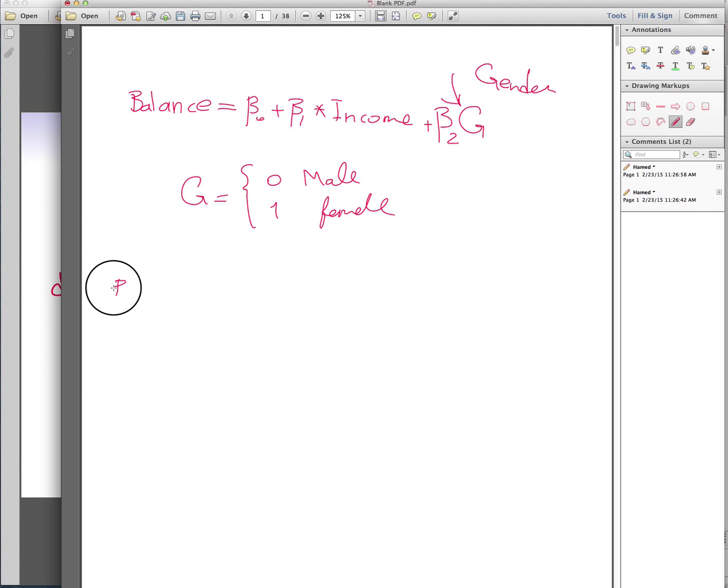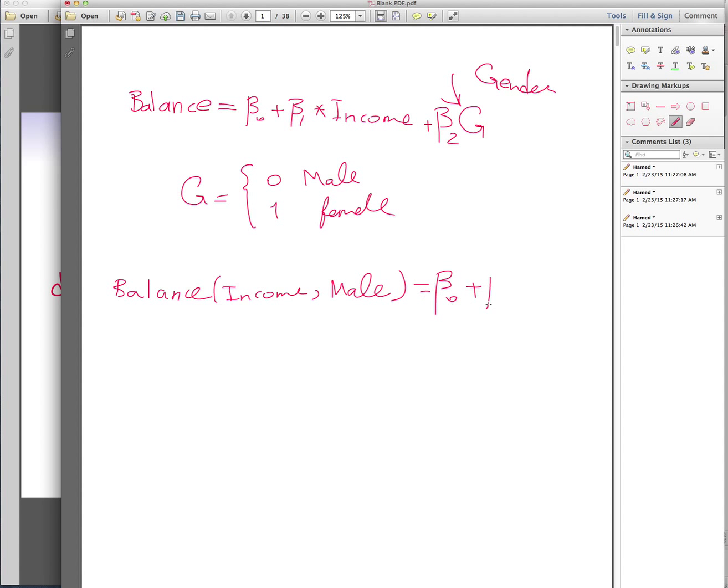So let's see what is our balance at a given income for males. When it's male, the outcome is 0, so that part should be 0. So let's see what we have. When it's male, we have beta 0 plus beta 1 income.